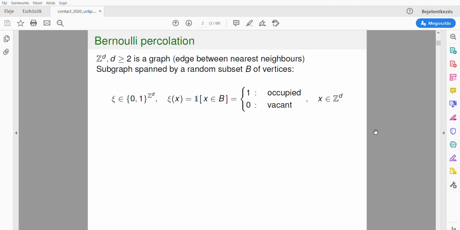So this configuration of zeros and ones Xi encodes this subset B of vertices.